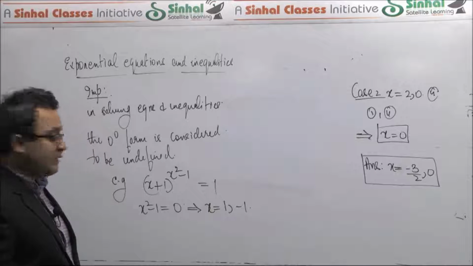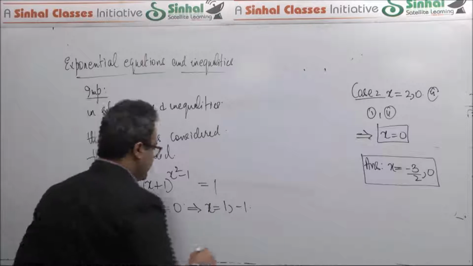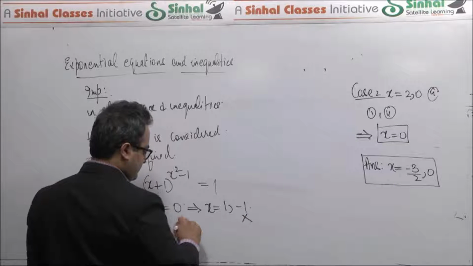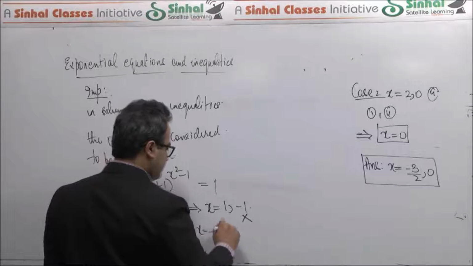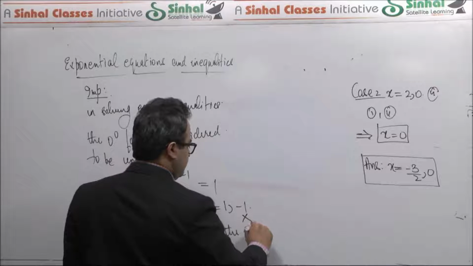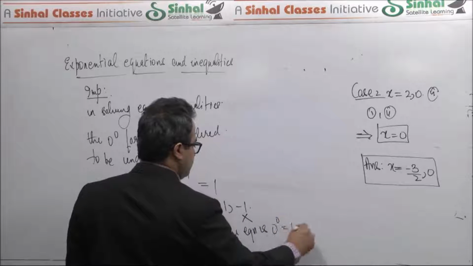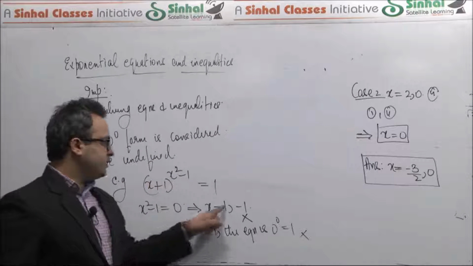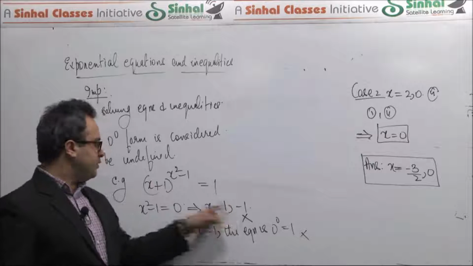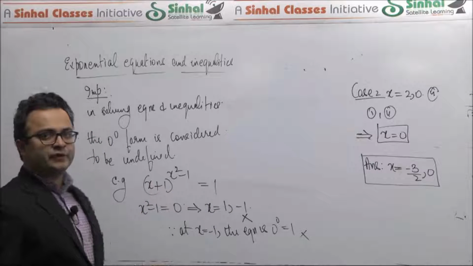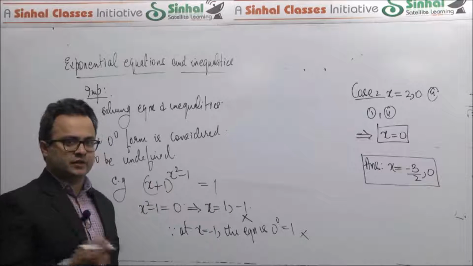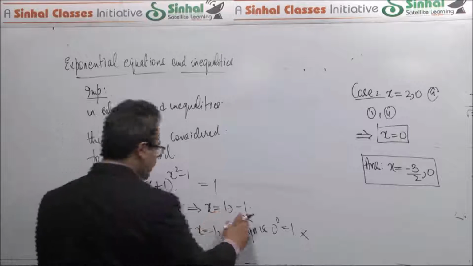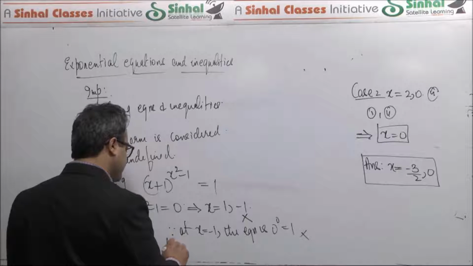But x equal to minus 1 will have to be rejected, because if you equate the exponent to 0, you'll get x as 1 or minus 1. But at x equal to minus 1, the base becomes 0, and therefore the equation becomes of the form 0 raised to 0, which we are considering to be not defined. So that's why minus 1 will be rejected, and the only answer over here is x equal to 1.